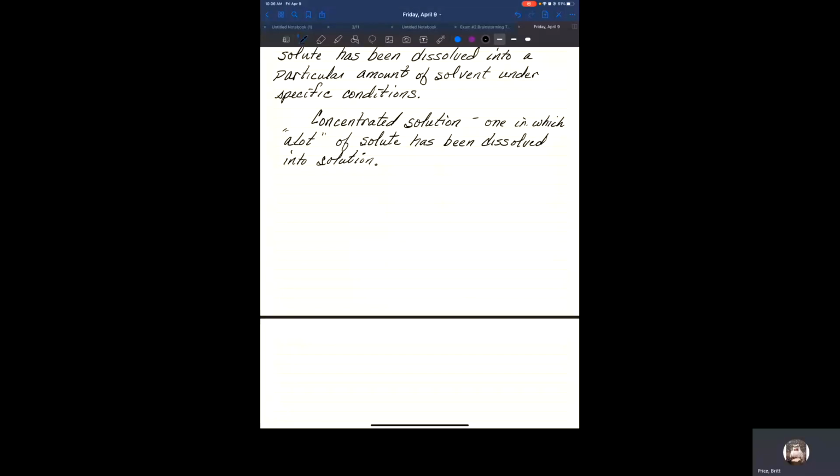Maximum concentration is the same as the saturated solution.